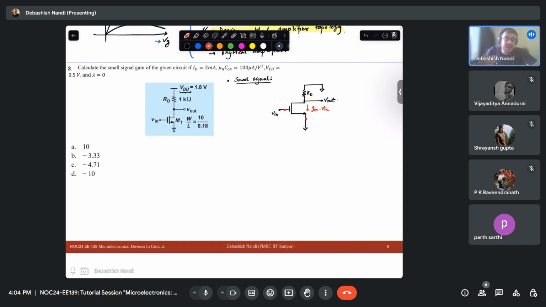So if I want to find out the gain, AV will be what? V out over V in, right? So what is V out? Can you quickly tell me? From this current, this is an open circuit, right? So no current flows here. So this GM V in has to flow through this. So this will be minus V out over RD, right?